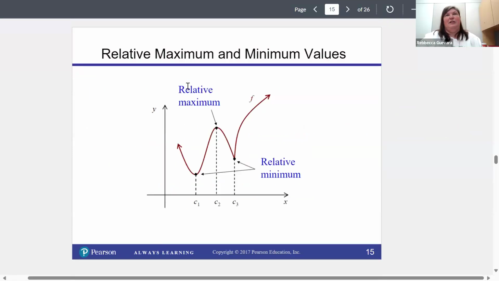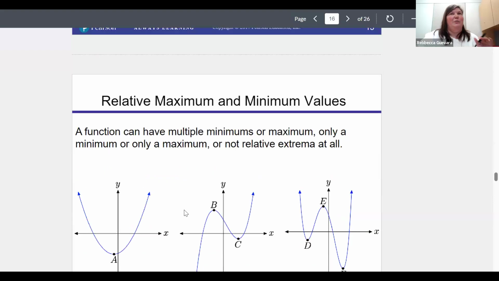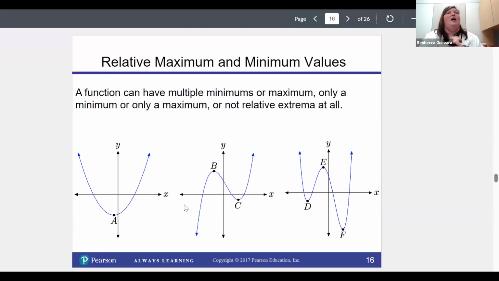So just an example again, this would be a relative maximum, that's a relative minimum. So notice that we're only talking about where I go from increasing to decreasing. A function can have multiple minimums or maximums, or only a minimum or only a maximum, or it can have neither at all.